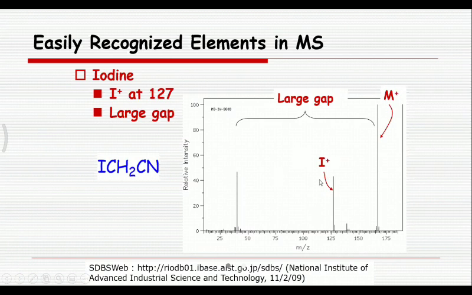Here we also observe a peak at 127 in the mass spectra that corresponds to the I plus or iodine fragment. So remember, when a mass spectrum shows such a large gap in the peaks with respect to the molecular ion peak, and a peak at 127, that indicates the presence of iodine in the molecular structure. Okay.